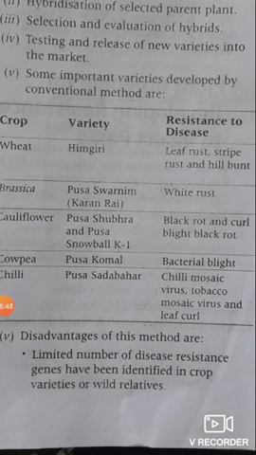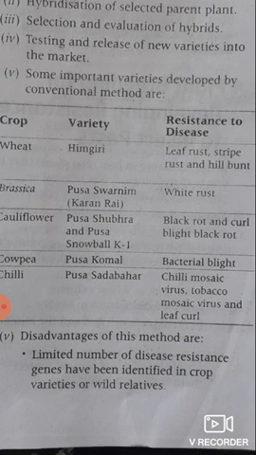And the chili, as we are generally familiar, is Pusa Sadabahar. It is resistant to chili mosaic virus, tobacco mosaic virus and leaf curl. These are the different diseases for which the conventional breeding method can be utilized to develop Himgiri, Pusa Swarnim, Pusa Shubhra, Pusa Komal and Pusa Sadabahar, varieties of different crops.